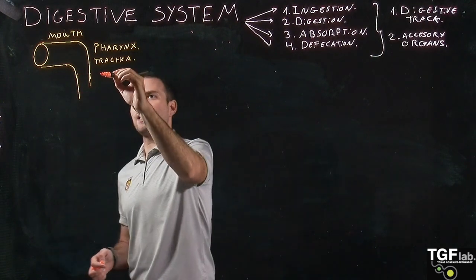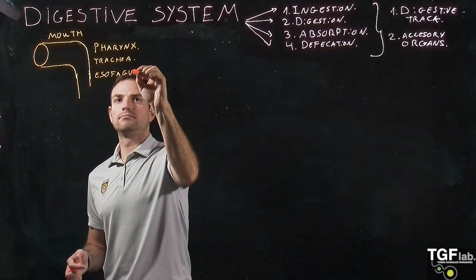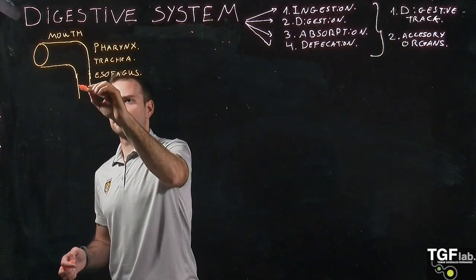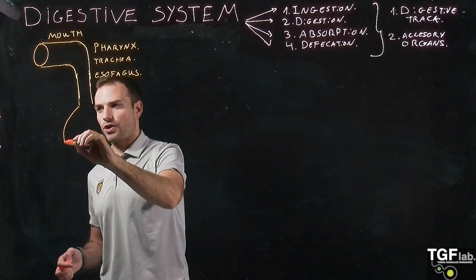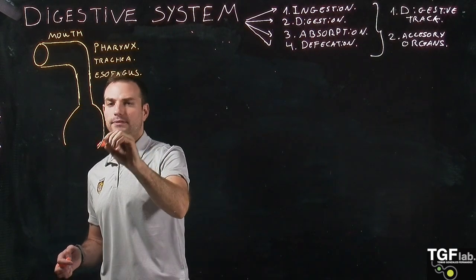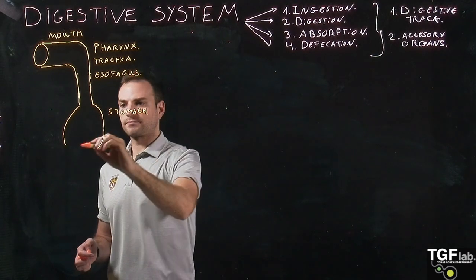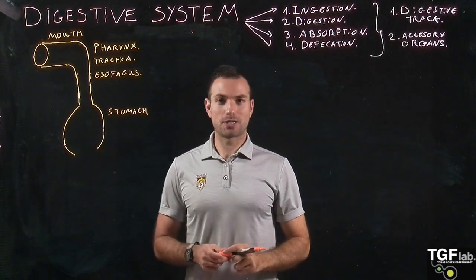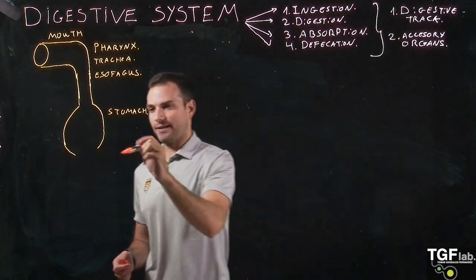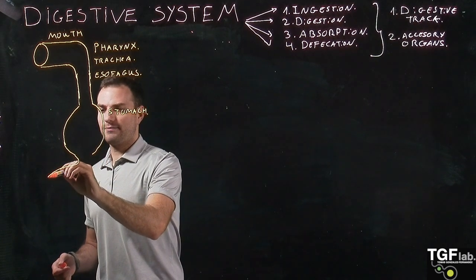Then after the trachea, we have the esophagus. Then after the esophagus, we are going to have the stomach. And then after the stomach, we have the intestine, which is divided into a small intestine and also large intestine. So first, we have the small intestine.